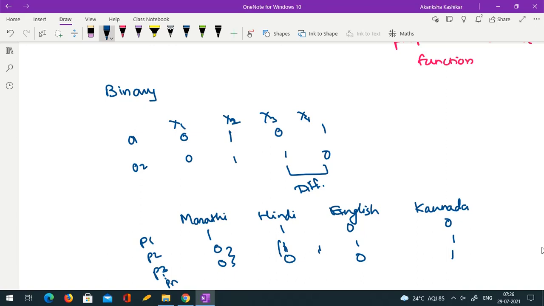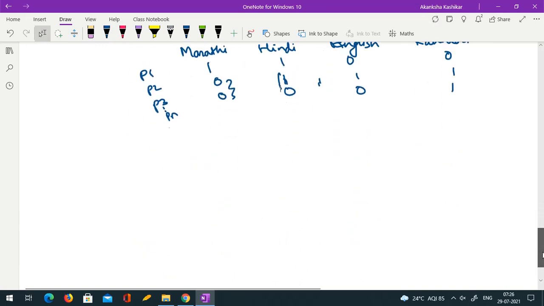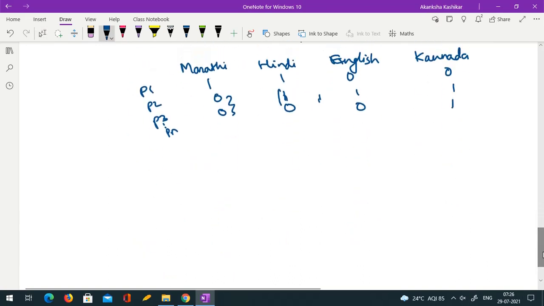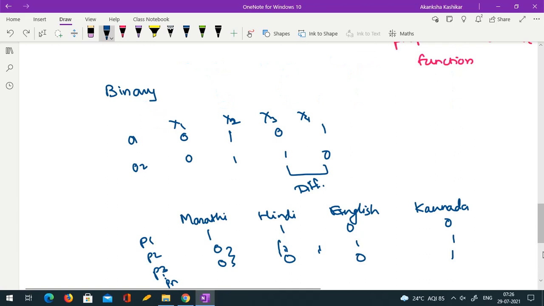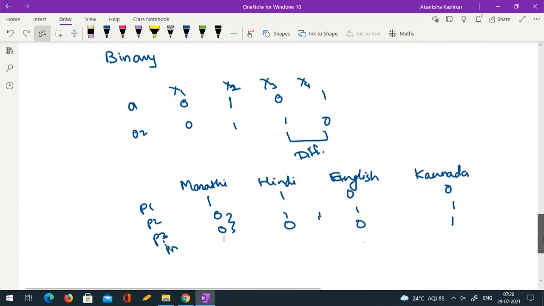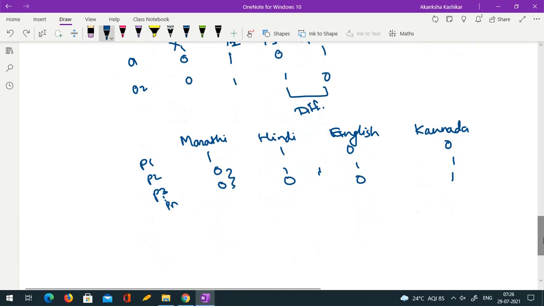But the problem is, if I use this for cluster analysis, then sometimes people who don't know any common language might be clustered together. If my purpose of the cluster analysis is to create discussion groups, then a person who doesn't know any language common with anyone else in that cluster becomes a problem. Hence, in a binary setup, sometimes a 1-1 match is more important than a 0-0 match.